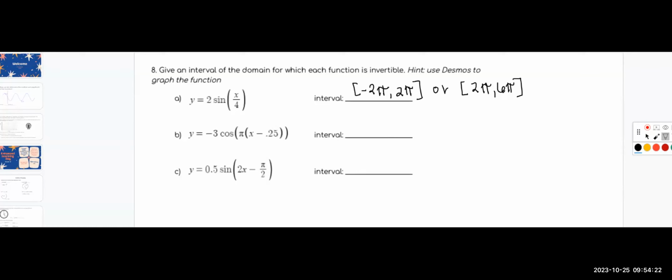Let's see if we can come up with more than one option. Okay, there are two different options. Let's check those.